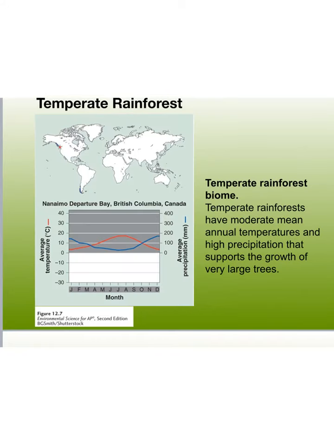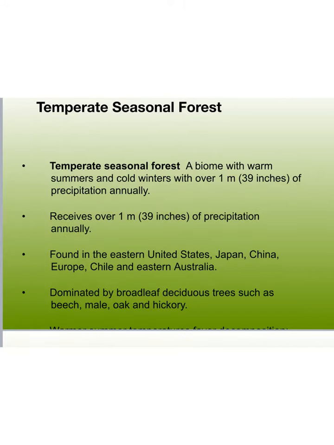And so you can see the temperate rainforest has a different climate diagram, more of a moderate annual temperature there, and high precipitation, right? So it usually supports the growth of very large vegetation, very large organisms, and big trees. The temperate seasonal forest is a biome that has warm summers and usually colder winters, so there's a temperature fluctuation.